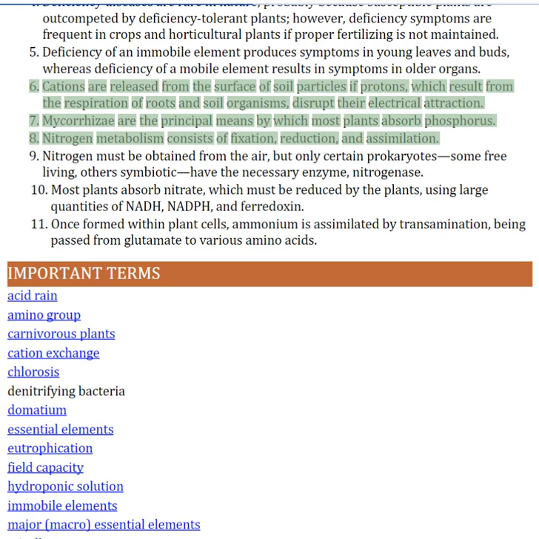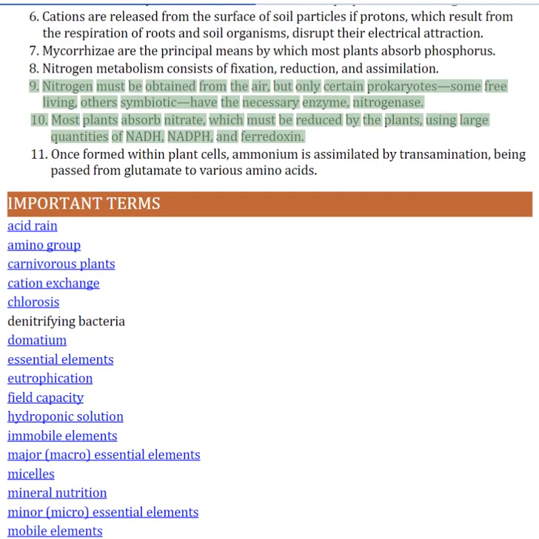7. Mycorrhizae are the principal means by which most plants absorb phosphorus. 8. Nitrogen metabolism consists of fixation, reduction, and assimilation. 9. Nitrogen must be obtained from the air, but only certain prokaryotes, some free-living, others symbiotic, have the necessary enzyme, nitrogenase. 10.